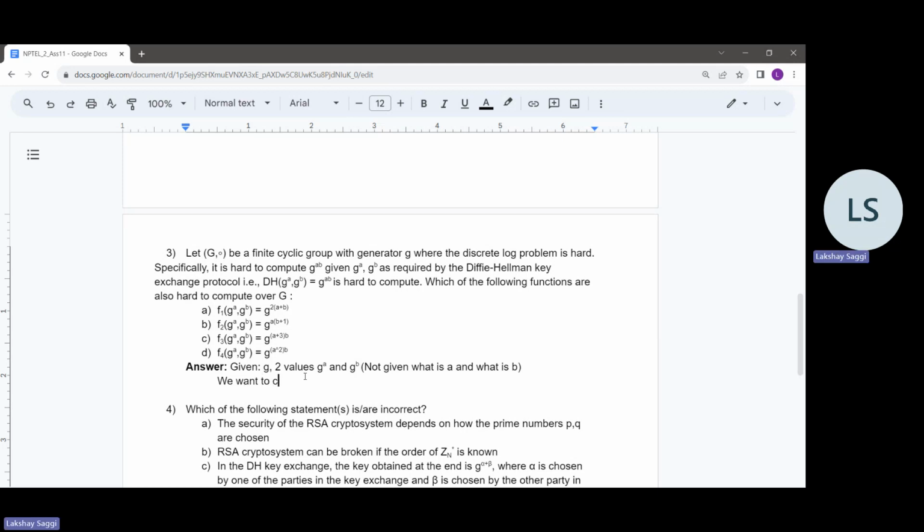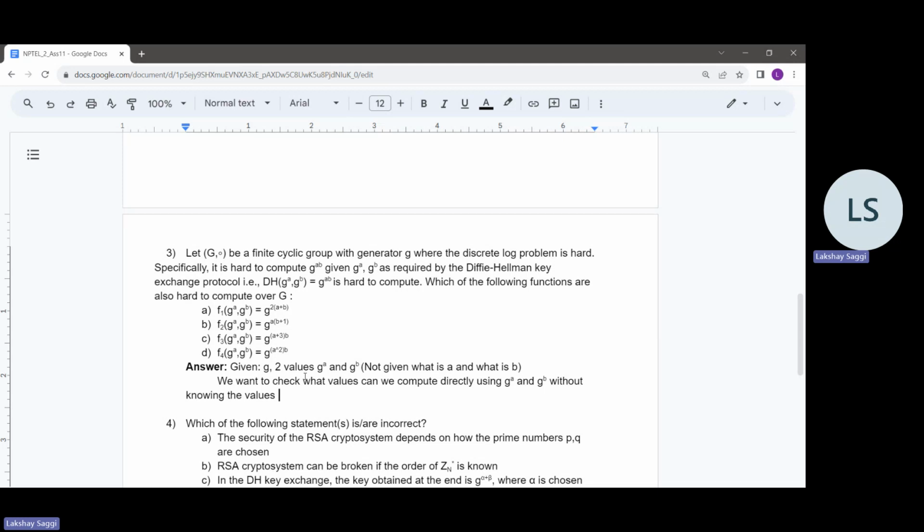we want to check what values we can compute directly using G to the power A and G to the power B without knowing the values A and B. We don't know A and B, because if we knew, then the discrete log problem would be solved, but that is hard.